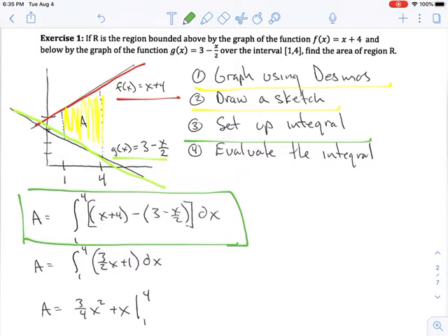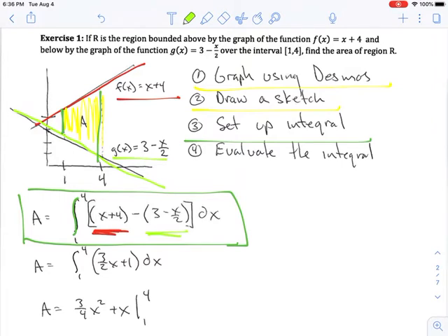First of all, we did the integral from 1 to 4. Those are my left bound and my right bound. And then we have to have the curve that is on top, which is x plus 4, minus the curve that is on the bottom. And the curve that was on the bottom was 3 minus 1/2 x.